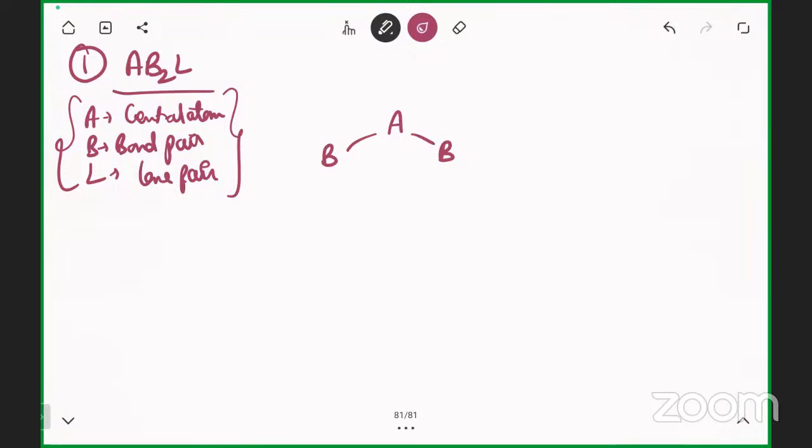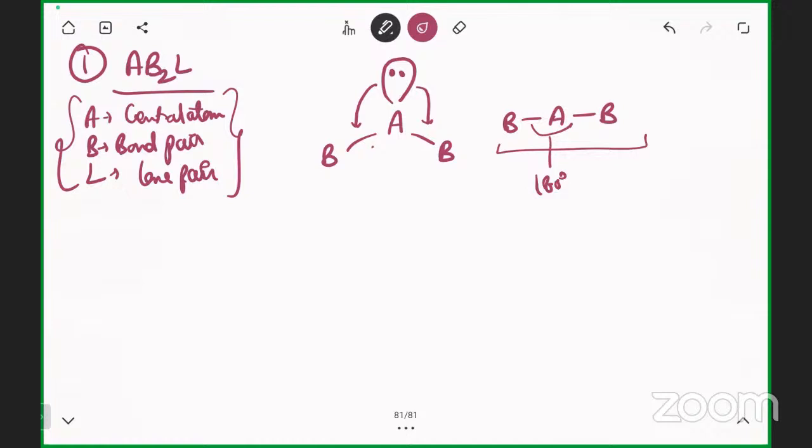If I talk about the AB2 type, when I'm not considering the lone pair, then it must be linear. But because of the presence of the lone pair, there is a repulsion between the lone pair and the bond pair. So you can see earlier the bond angle was 180 degrees, but now just because of the repulsion, the bond angle is decreased.